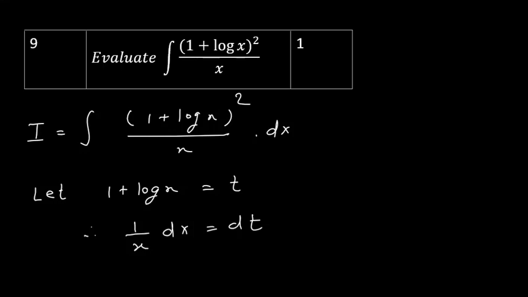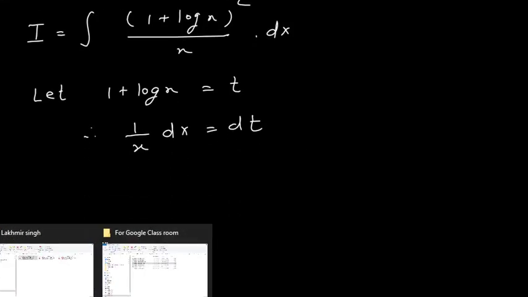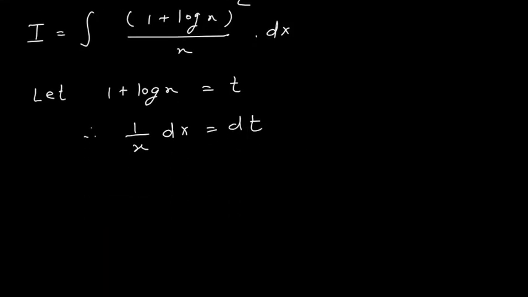So I is equal to the integration of 1 plus log x, which is t, so it will become t square, and 1 upon x dx is dt, so it is t square dt. Now the integration of t square is t cube divided by 3 plus c.